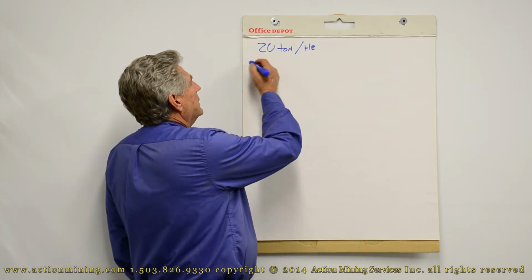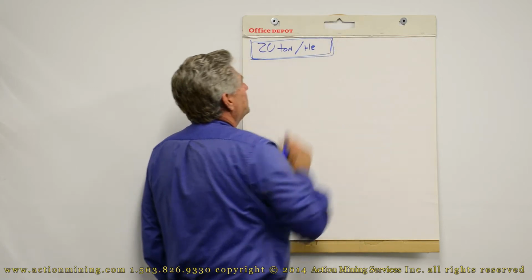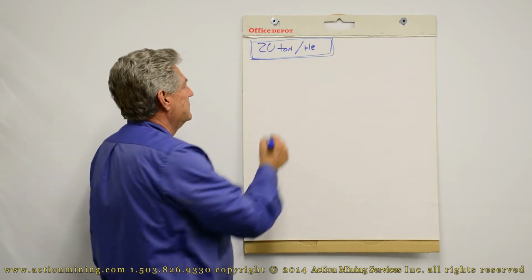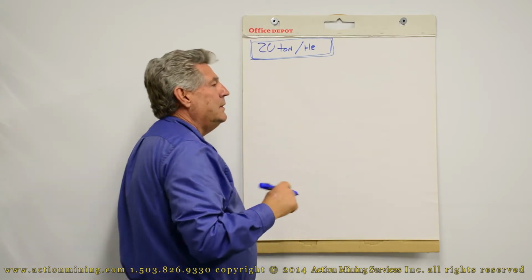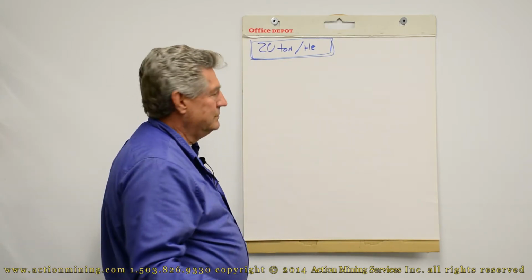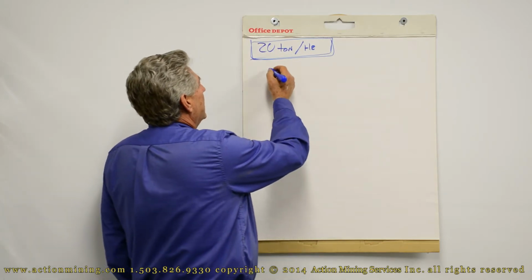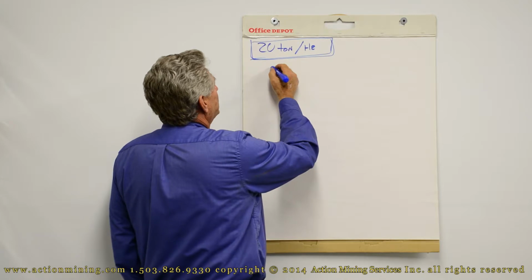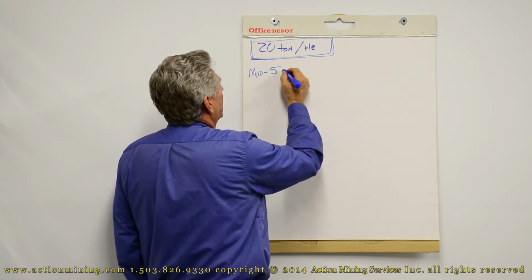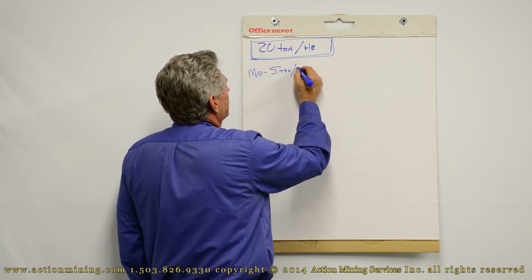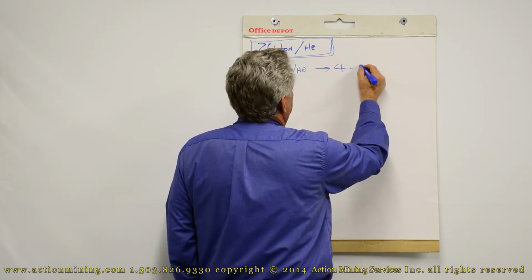But let's say we've got it all figured out and we want to run 20 tons per hour. My equipment, on the conservative side, not the best conditions, if we say the M10 will run 5 tons per hour, we need 4 of them.